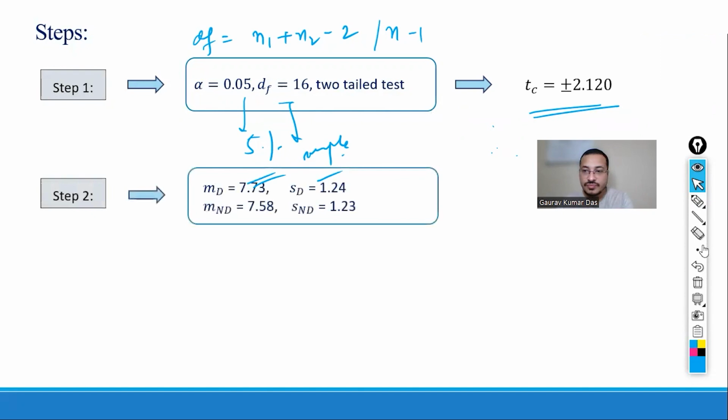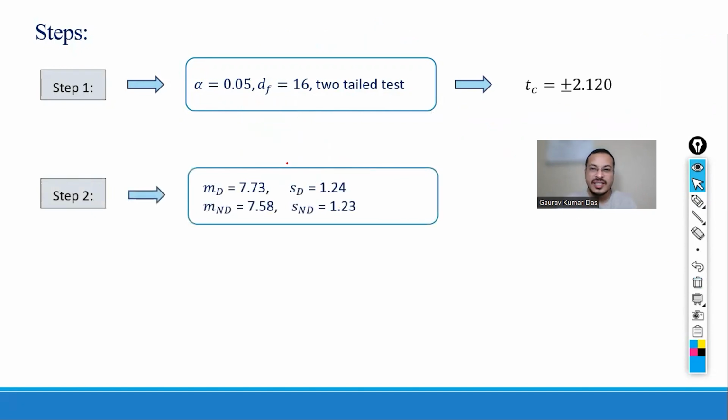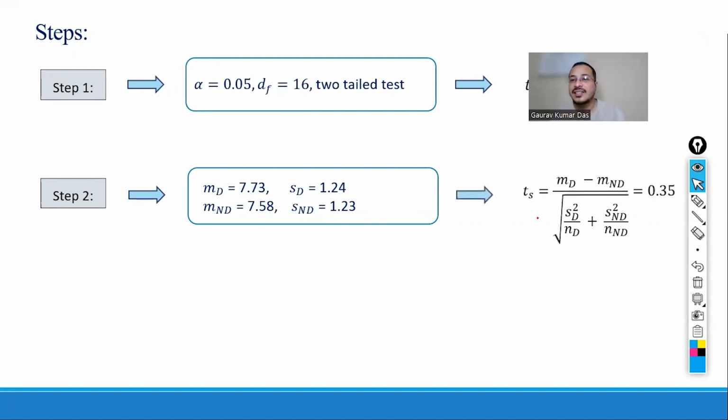Step 2, I'll calculate all these parameters: sample mean and sample standard deviation for both children with dogs and children with no dogs. From here, I'll calculate the test statistic using this formula. Again, this formula is for the t test. Similarly, we'll have another formula for the z test. We have another formula for the chi-square test, right? But for now, let us not go into the details of the formula.